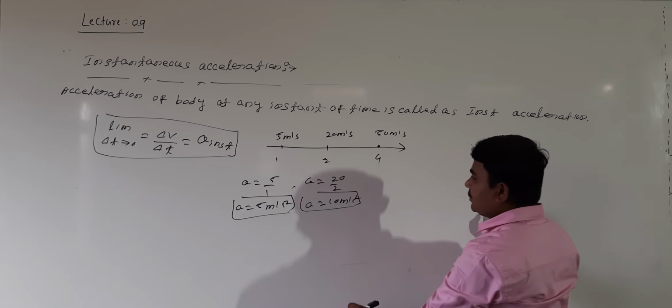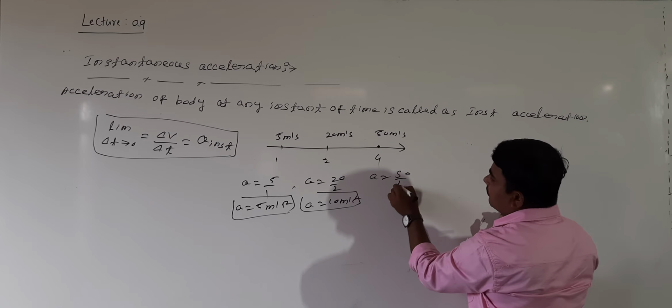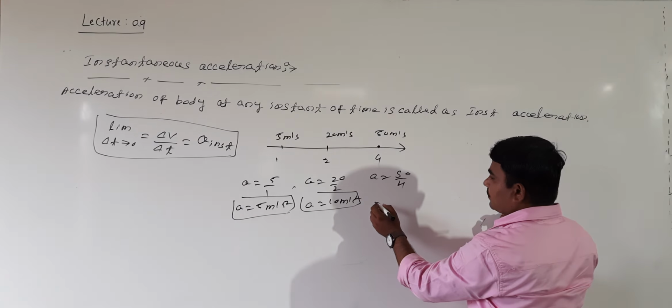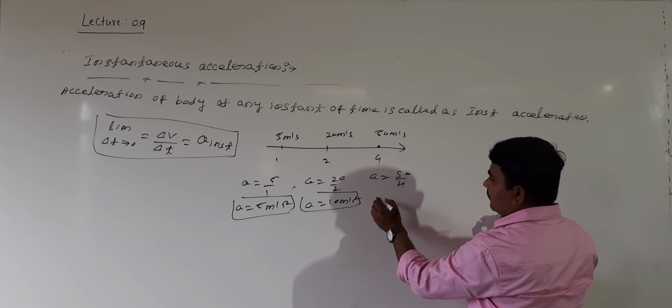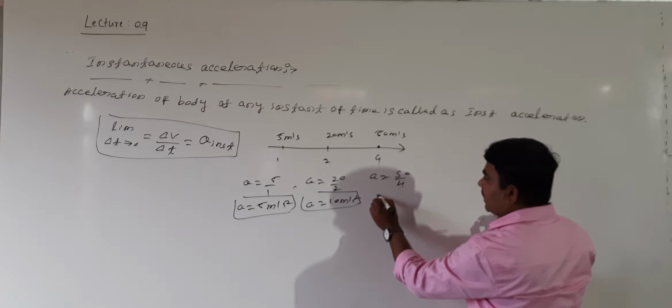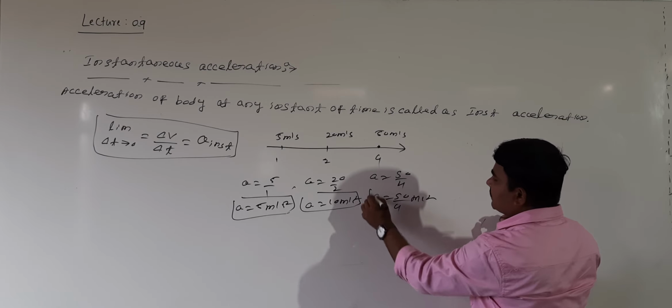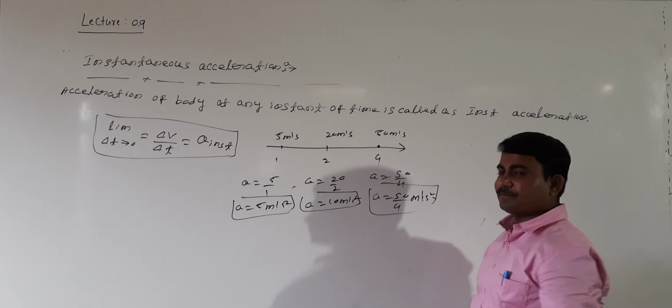Right, and around here how much acceleration? 50 divided by 4. See here, 50 by 4 meter per second square, directly.